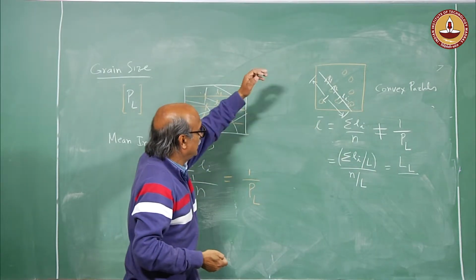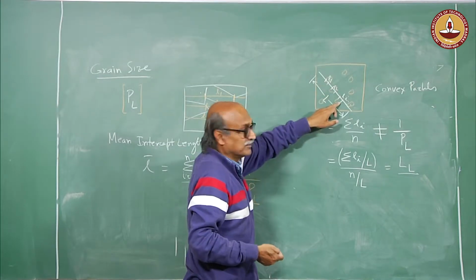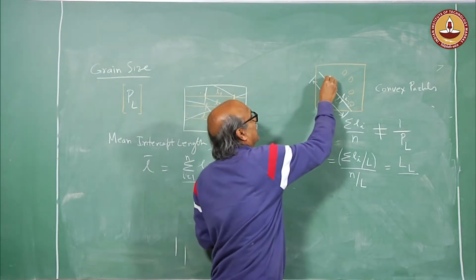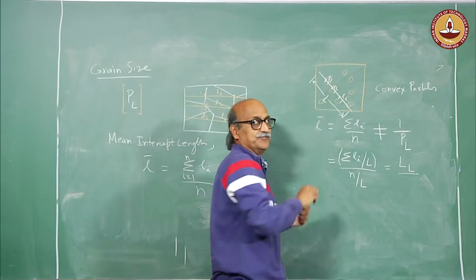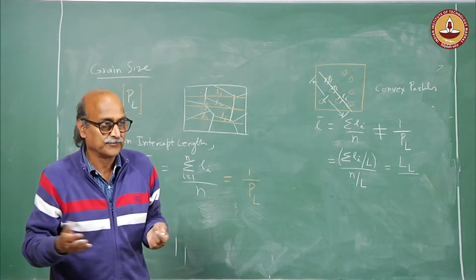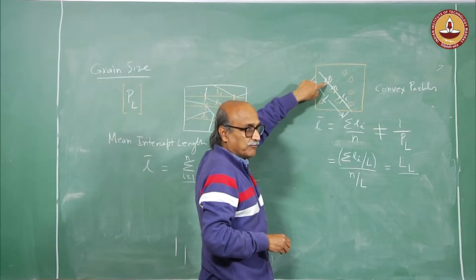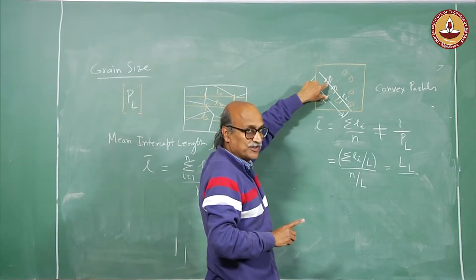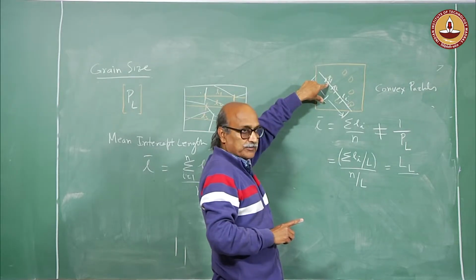If I intersect n particles, how many intersections do I have with the interface boundary? 2 times n, right. This is one intersection with the particle, but it produces 2 intersections with the phase boundary, is it not?